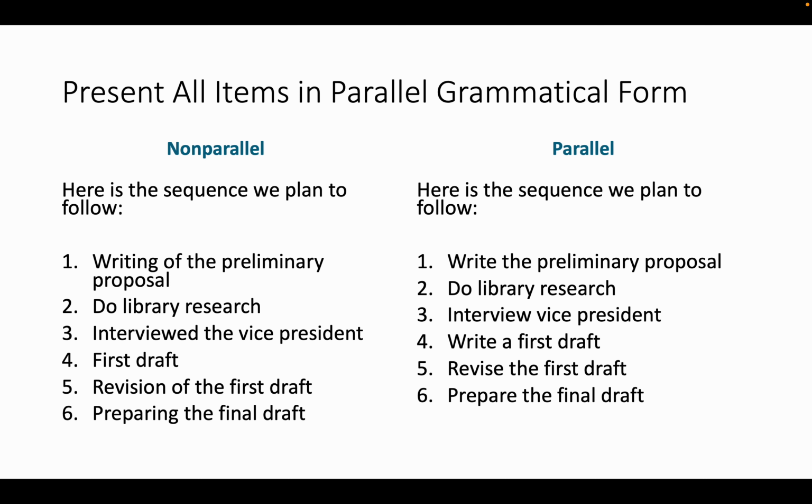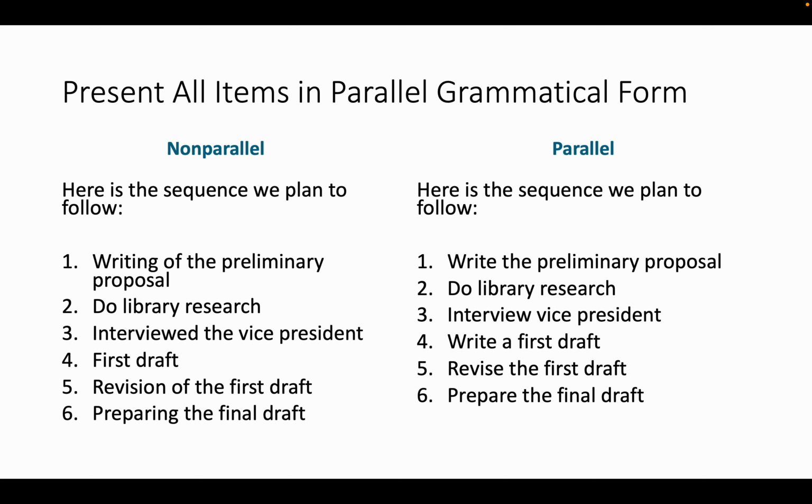We have writing and then do, and then interviewed, and then the next one doesn't even have a verb at all, so it's just all over the place. Now, could we ascertain the meaning from this list? Yeah, probably. We can understand what the author is saying, but it doesn't work as well as if we put it in parallel grammatical form.